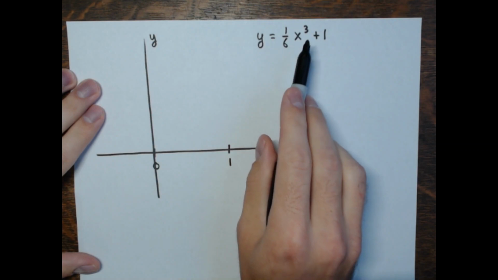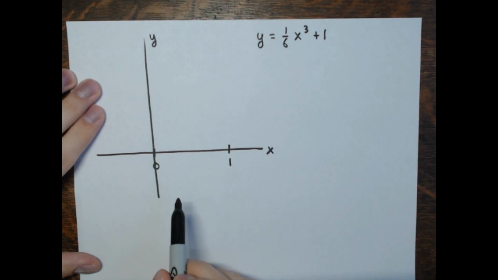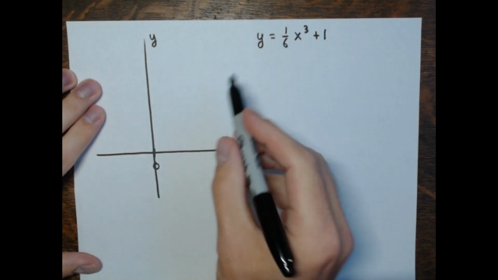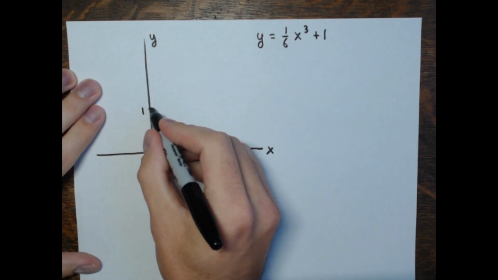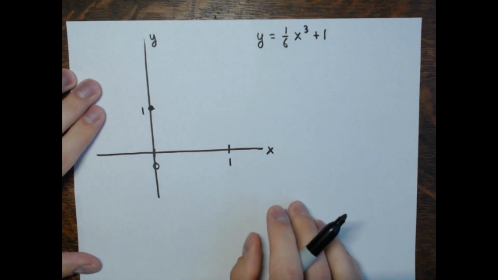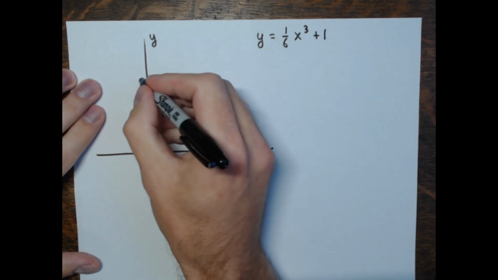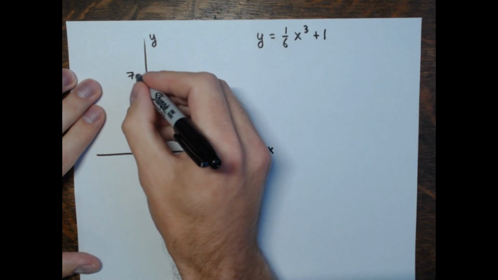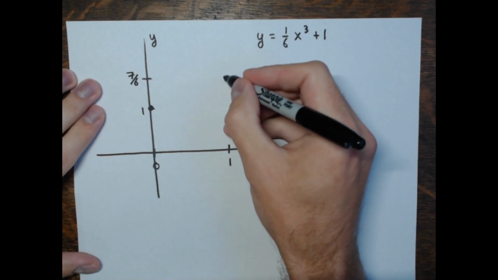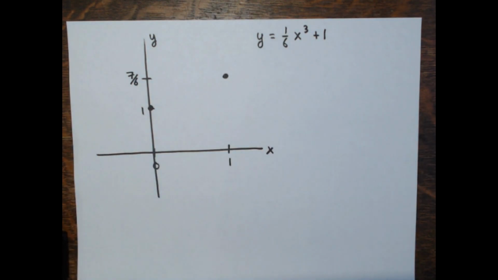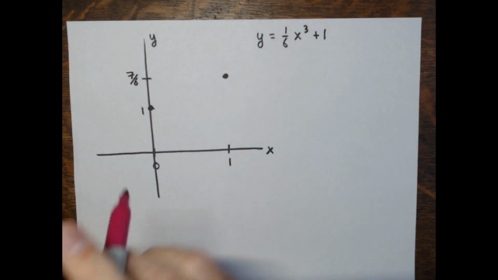And it's going to be the region under this curve to the x-axis over this interval. So you've got the point (0, 1). And then if I plug in 1, we're getting 1 and 1/6, so 7/6. You know what cubics look like.